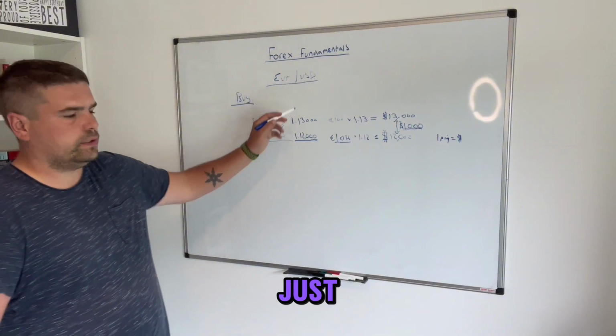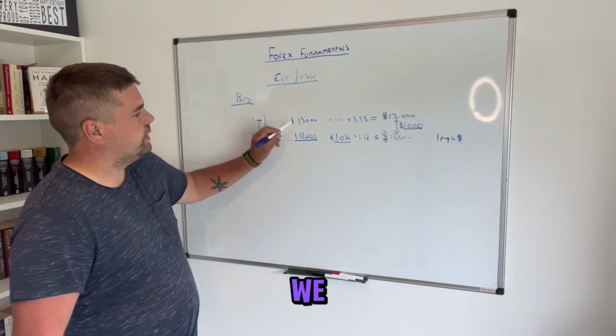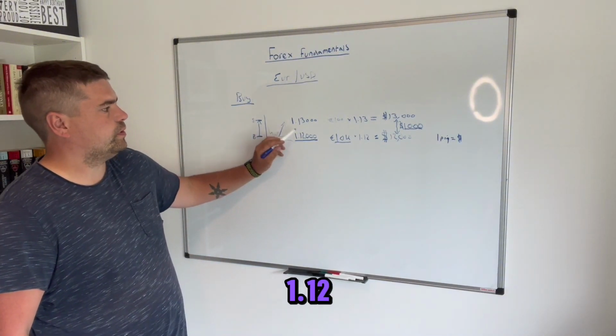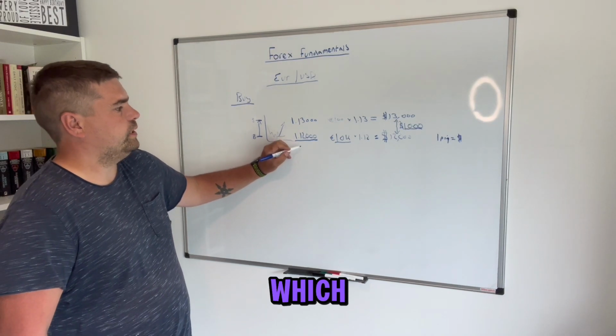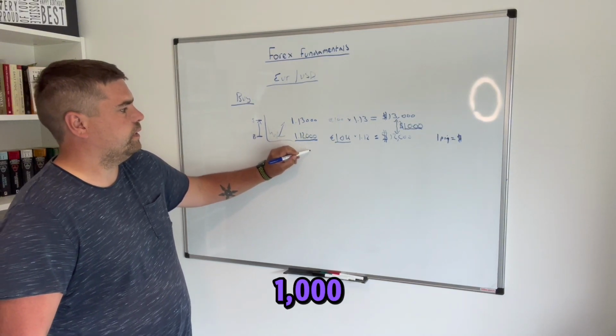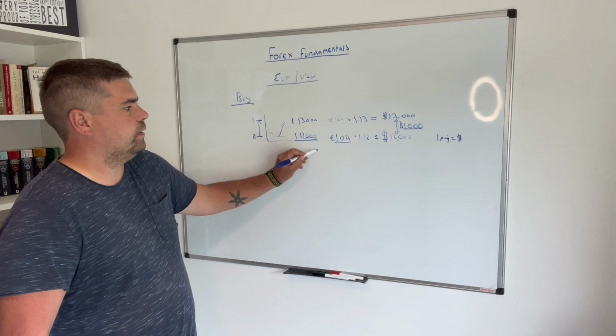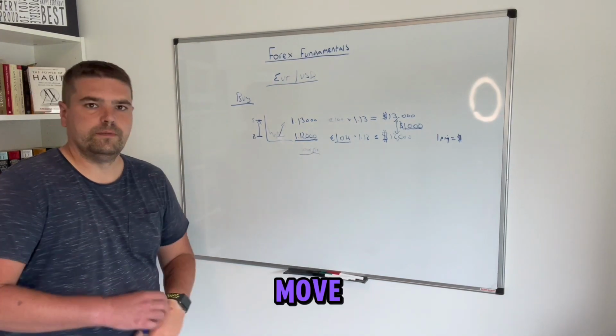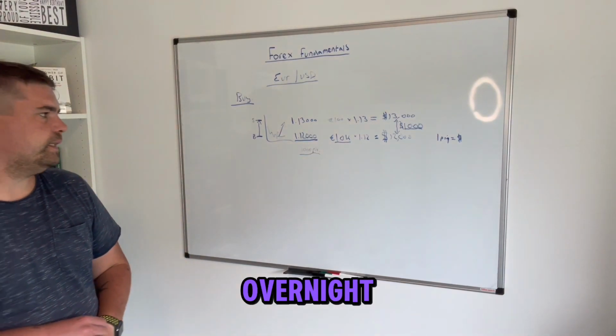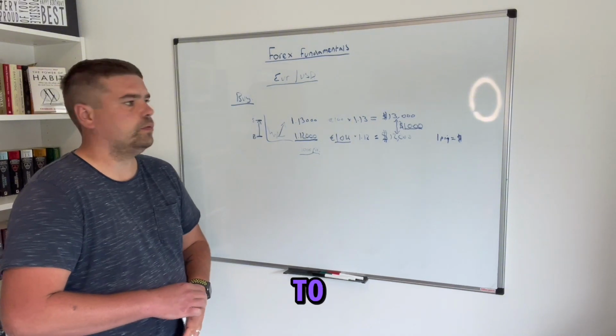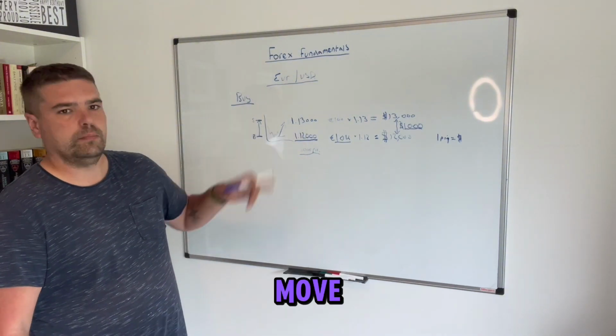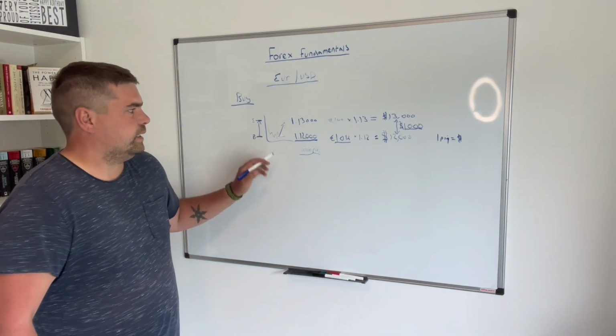Now, just to explain, we can see here price has gone from 1.12 to 1.13, which is representative of a 1,000 pip move, which isn't going to happen overnight. That would obviously take quite some time to realize that kind of a move on the markets.